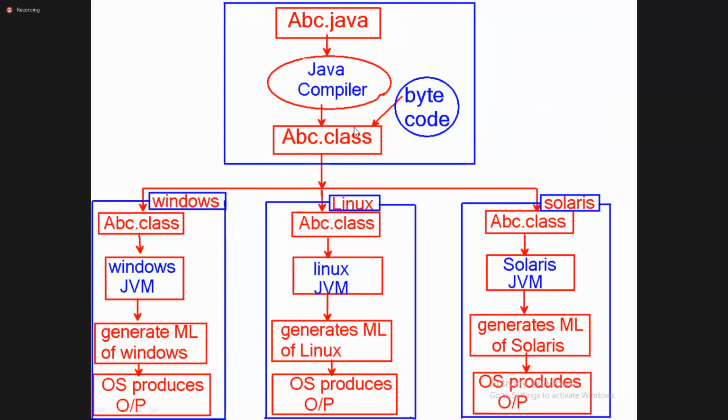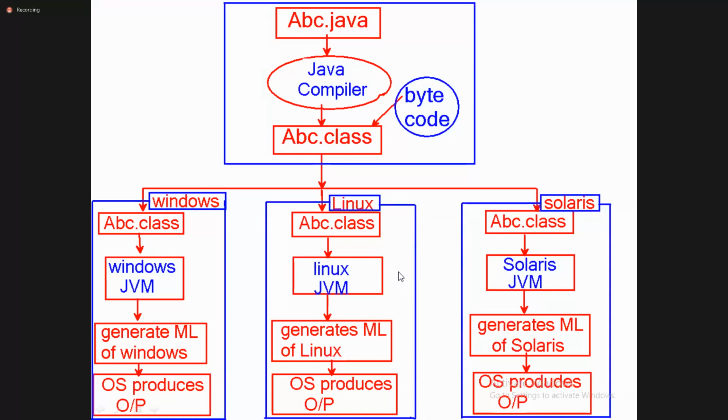Okay, now try to understand. For compiling a Java program, do I need to worry about which operating system I am compiling in? No. Do I need to worry about which operating system I am executing in?